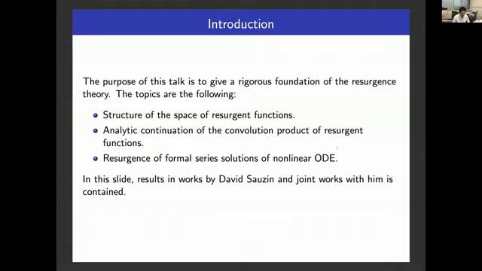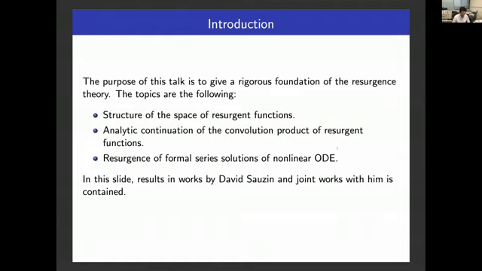To show the resurgence, we need some iteration method. To use an iteration method, of course we need some topology on the space of resurgent functions. And the first topic is about the topology of the space of resurgent functions.